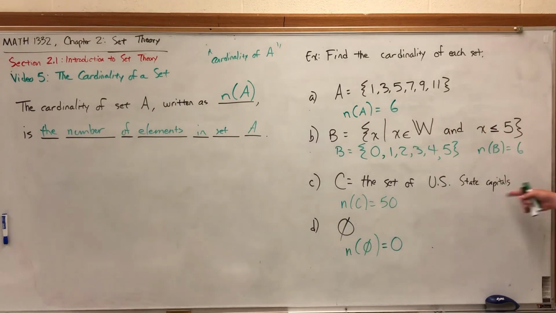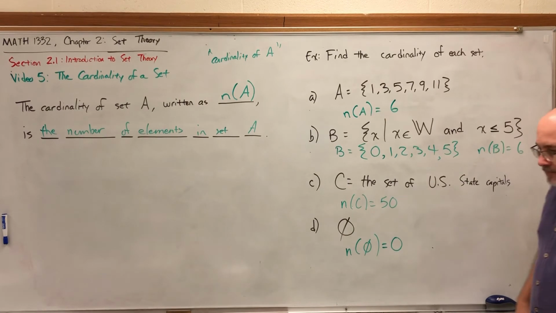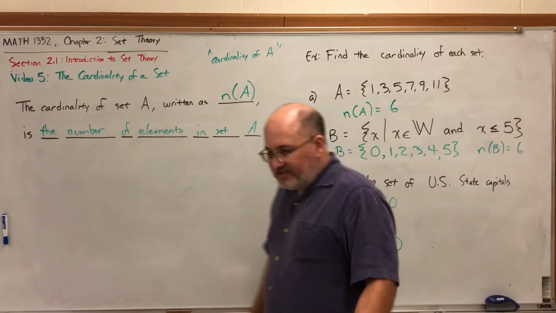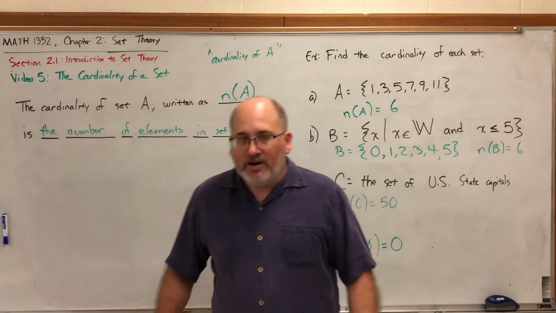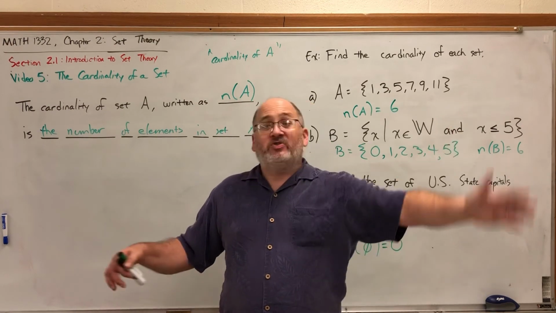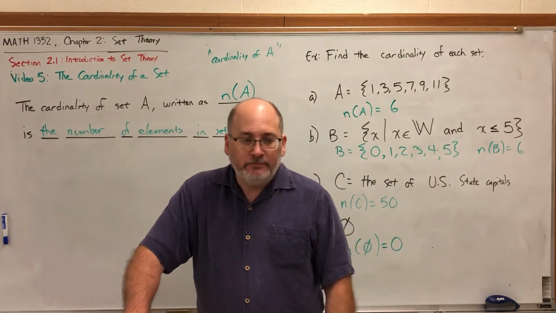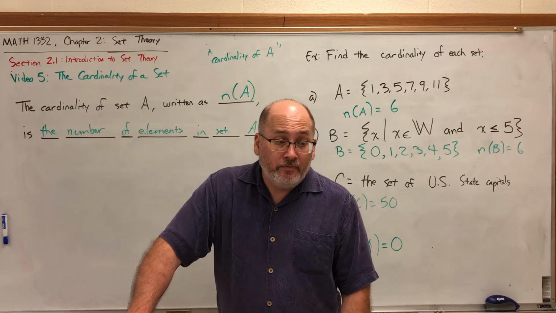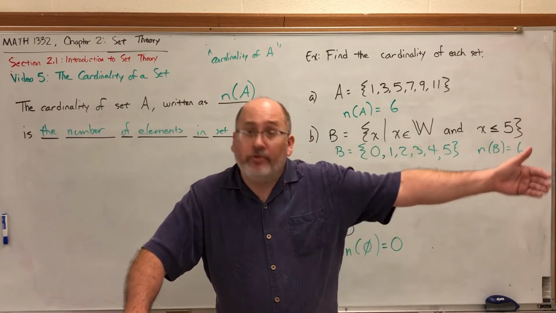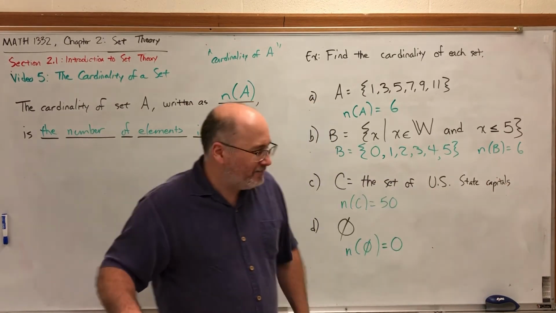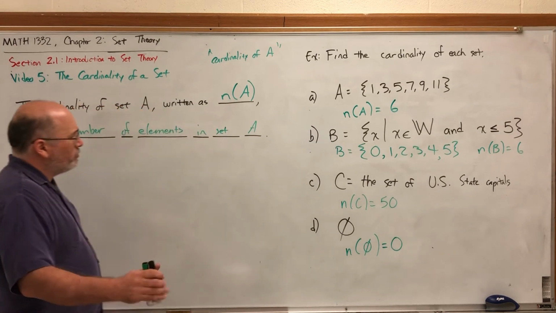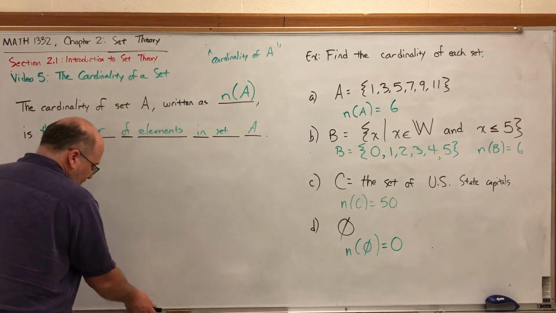Or 3, 4, 5, 6, 50, or any other whole number I want. Take the cardinality of the set of grains of sand on the planet Earth. There's a lot of them, but it would be a whole number, because at some point you would reach the end, way down the list. It does raise an interesting question, though.